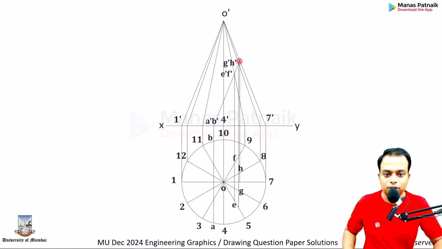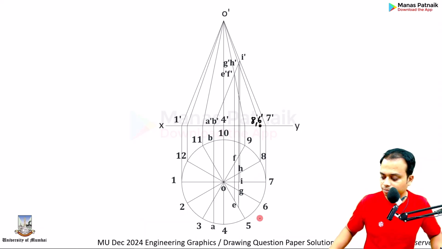And finally you've got this point as I dash. Here it is. There is only one generator, therefore only 1 point. Here, actually there are 2 generators. This is O dash 8 dash generator at the back, and then O dash 6 dash generator at the front.